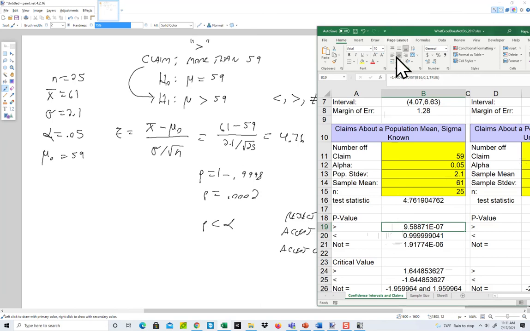And again, our technology is more accurate than our table. This table is based upon rounding. And even then, we rounded 4.76 up here, and you can see the test statistic here is much more than that. But this is scientific notation. That means you move your decimal point 7 places to the left. So your p-value would be 0.00000958871, which is less than alpha again.